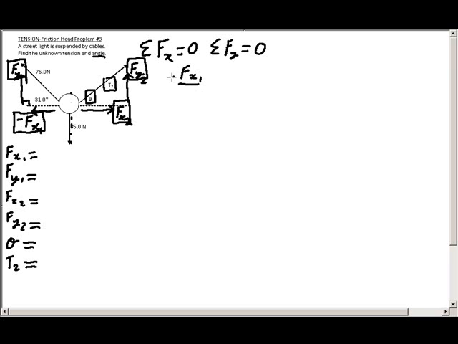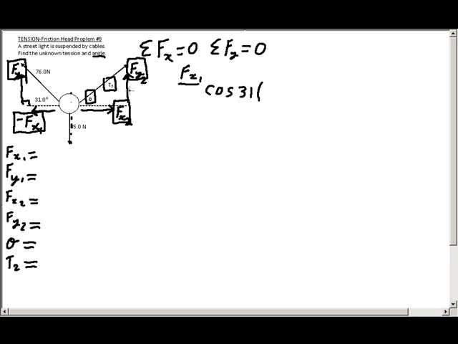What we're going to say is that the f of x1 is the cosine of my angle, which is 31, multiplied times 76. The reason I do that is because cosine of 31 is equal to adjacent, which is my x value, over hypotenuse, which is 76.